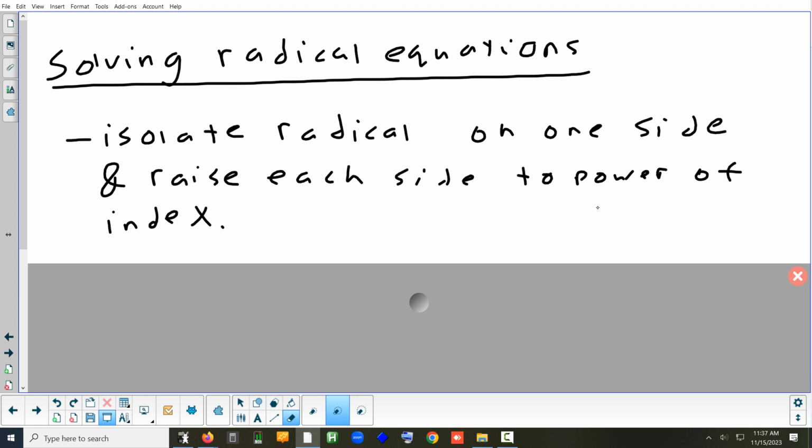To solve an equation that has a radical in it, the first step is to get the radical alone. Here's an example of an equation that has the radical isolated on one side. In that equation, the radical is by itself on the left side. Here's an example where it is not isolated.